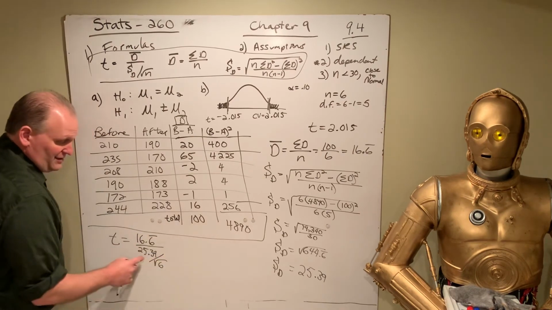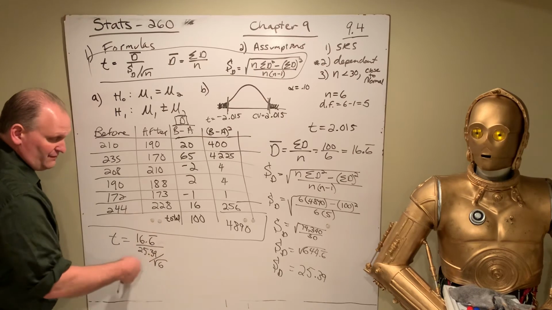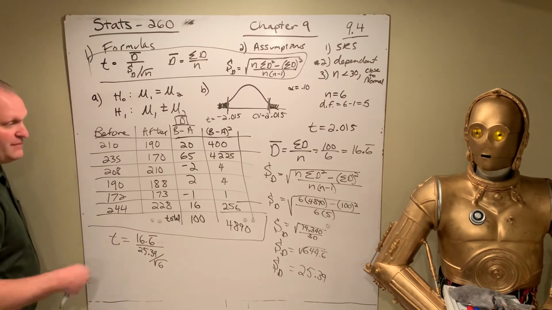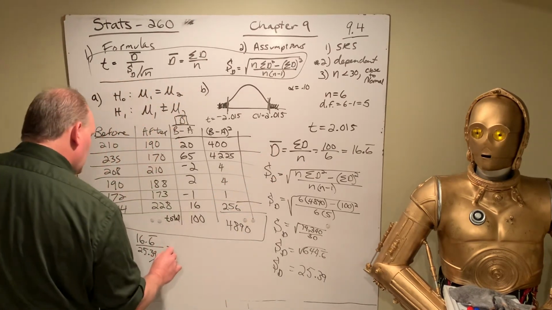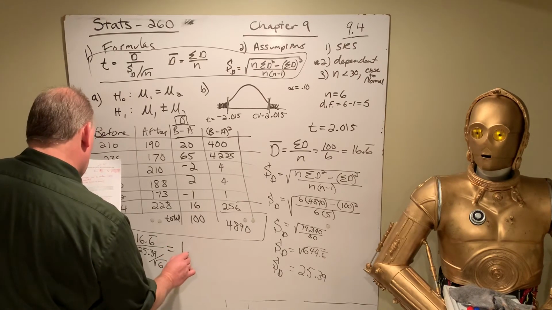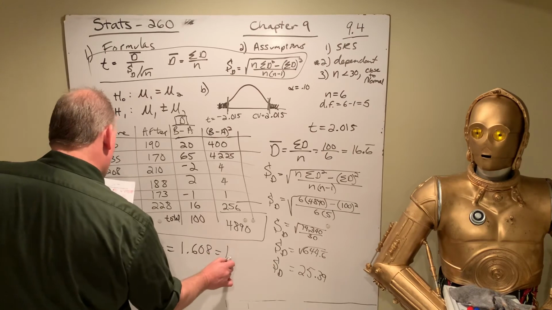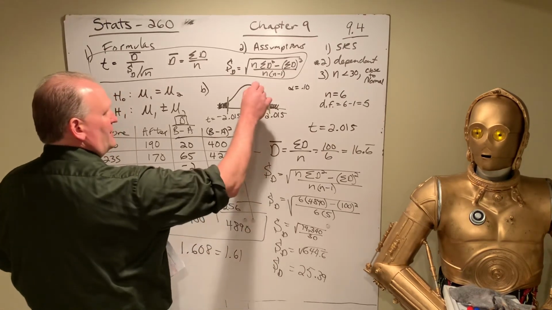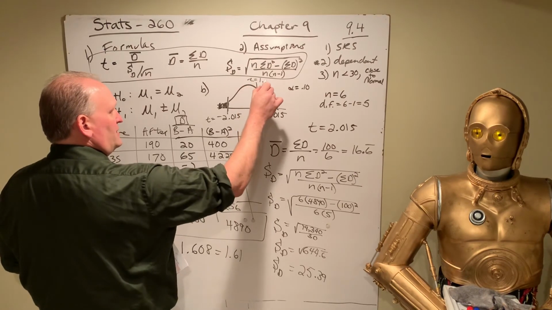That's a standard deviation divided by the square root of the sample size, the standard error. And the mean, more or less, the D bar is about the mean. Okay, so that comes to about 1.61. Not enough. Look, here we go. That's the t-score is 1.61.